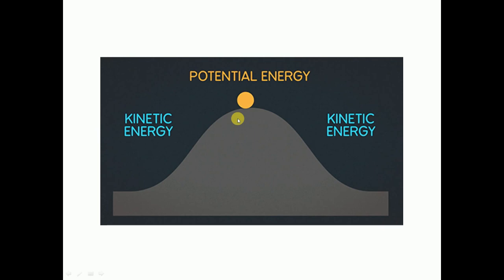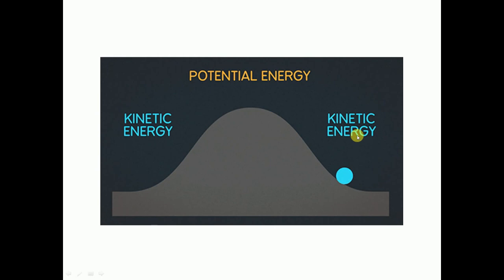When it stops at the top, due to its position it possesses energy which is called potential energy. Once it rolls down, due to its motion it has another type of energy, called kinetic energy. Whenever the ball is moving, you can say it has kinetic energy.